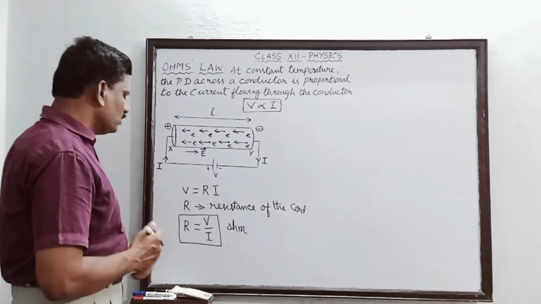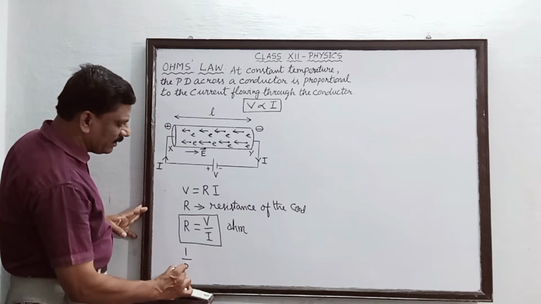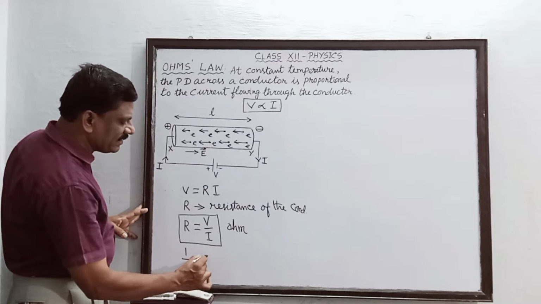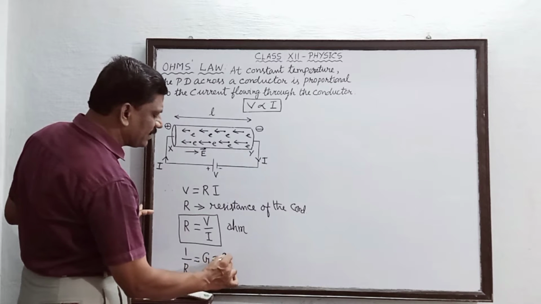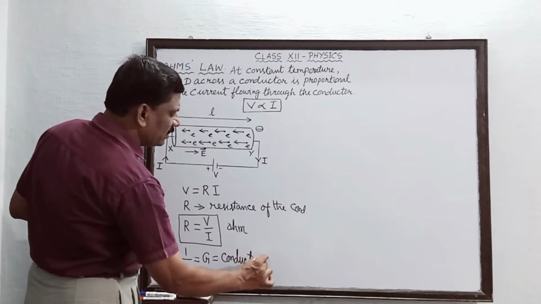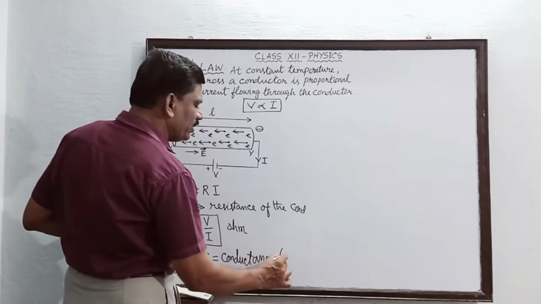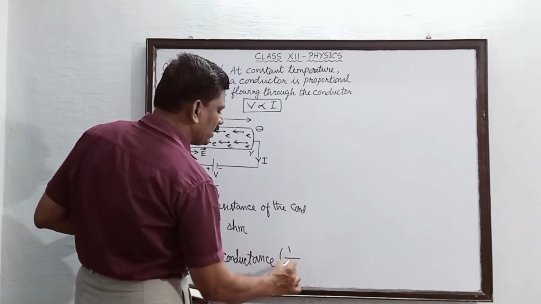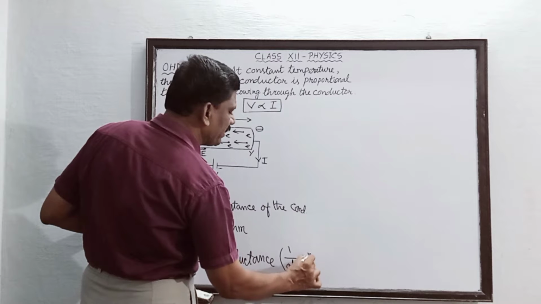So the reciprocal of the electrical resistance, 1 by R, is denoted by the symbol capital G, and this is called conductance. The conductance is having a unit. So its unit of conductance is equal to 1 by ohm, and that is equal to mho.